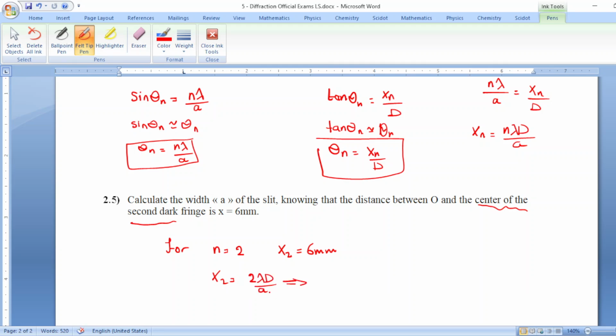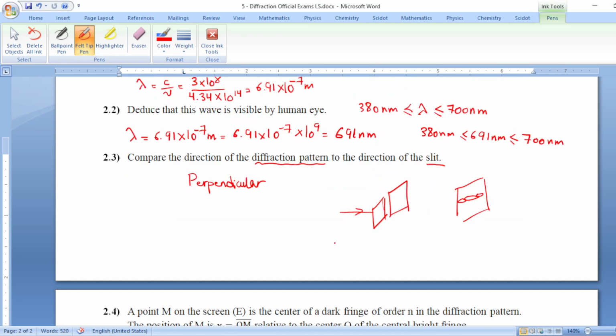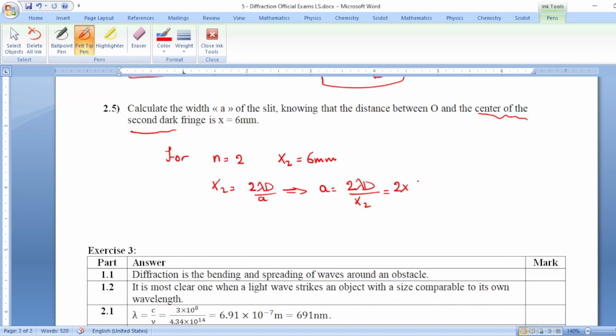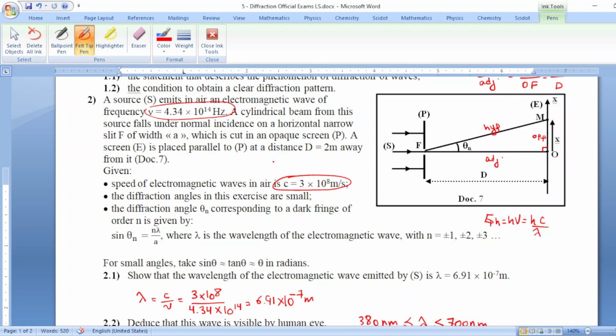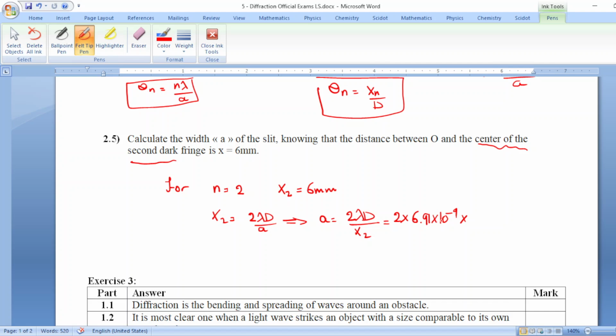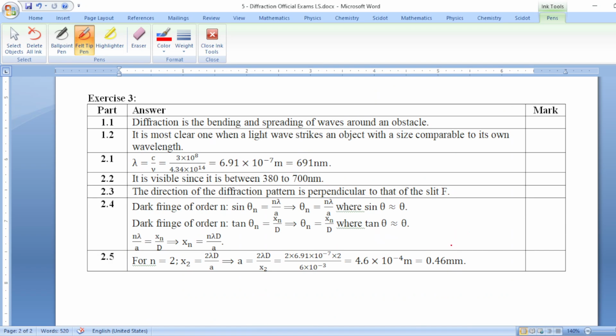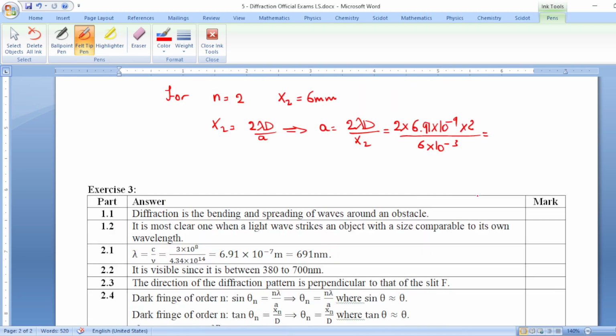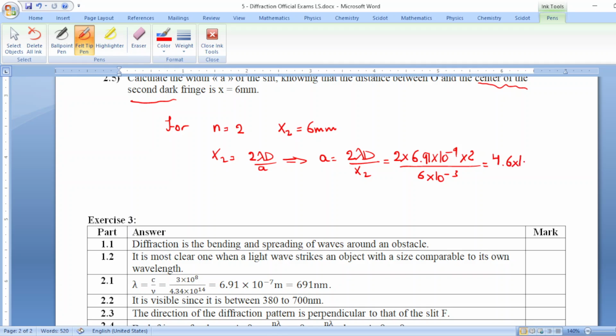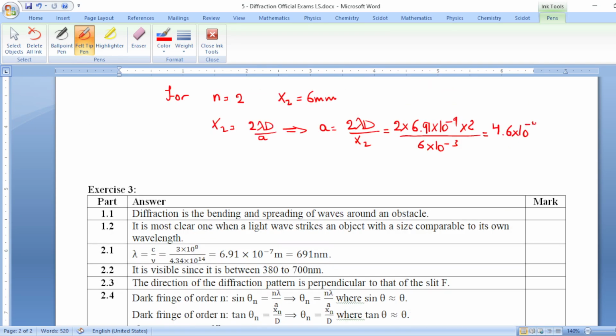Therefore we need to find a, so we replace xn by x2: a equals 2 lambda D over x2 equals 2 times lambda, which was given, 6.91 times 10 power minus 7, times the distance, also given, 2 meters, over x2, which is 6 millimeters. We multiply by 10 power minus 3 to make it meters, and the value is 4.6 times 10 power minus 4 meters.